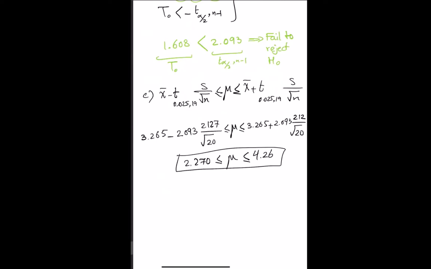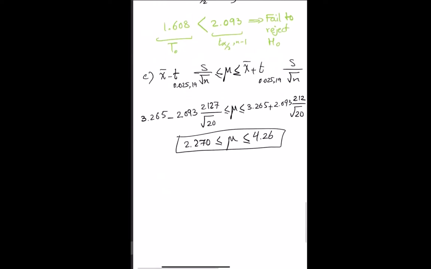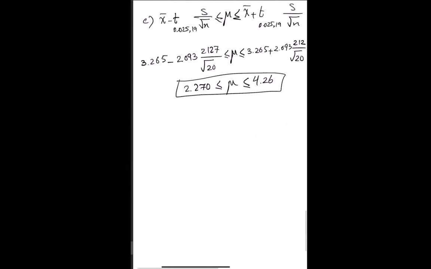Can you tell me, if this is the confidence interval you have for the mu and we still want to test our hypothesis? Null says mu equals to, what's the value? 2.5. Alternative says mu is not 2.5.